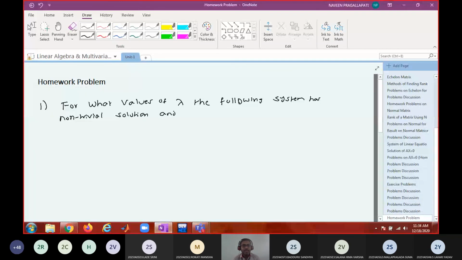And solve the system for such values of lambda.